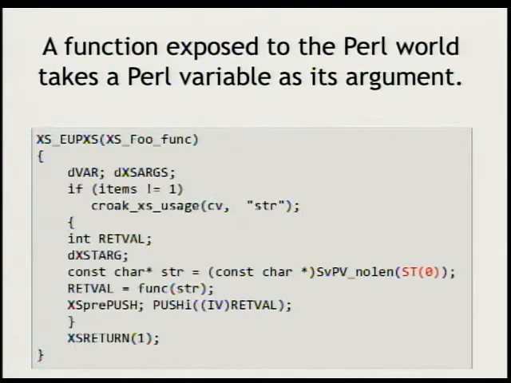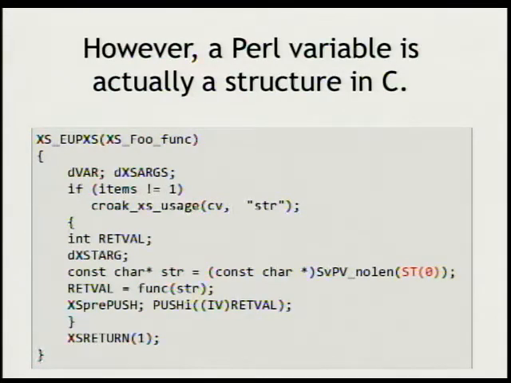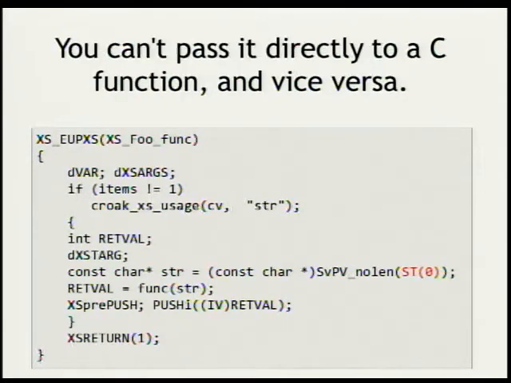Actually, this is a Perl argument, the first argument for the Perl function. However, a Perl variable is actually a structure in C, not a plain const char or int or something. So you can't pass it directly to a C function, and vice versa.